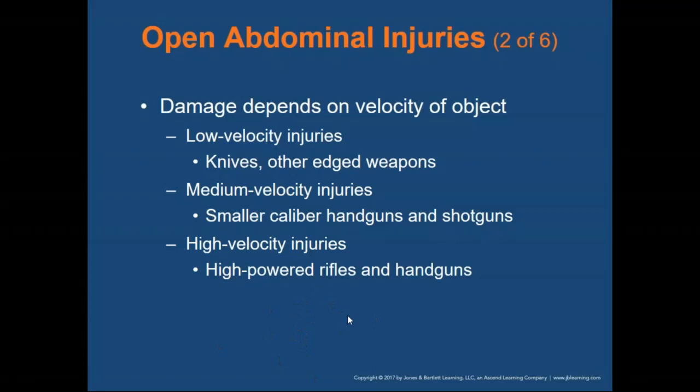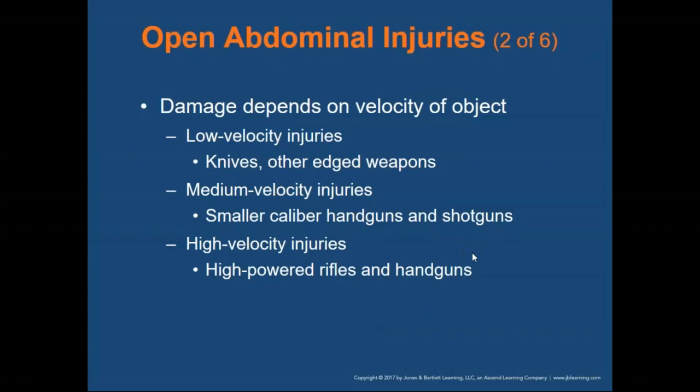Okay, medium velocity: that's small caliber handguns, like a 22 or a 25 pistol. The 22, I'm thinking of like a 22 short that doesn't have a whole lot of powder behind it. It'll still kill you, but it doesn't cause the same cavitation on the way through that a high-powered rifle or a high-caliber handgun would.